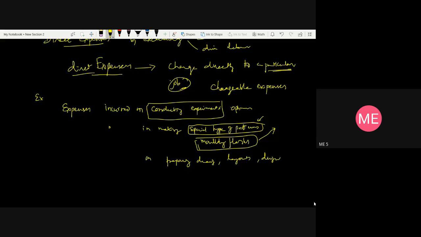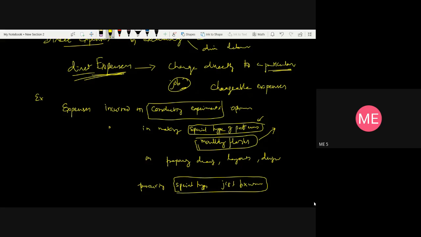And also expenses for procuring special types of, not the materials required, but like jigs and fixtures for manufacturing a particular product. These special jigs and fixtures which we procure will be taken into the direct expenses account.